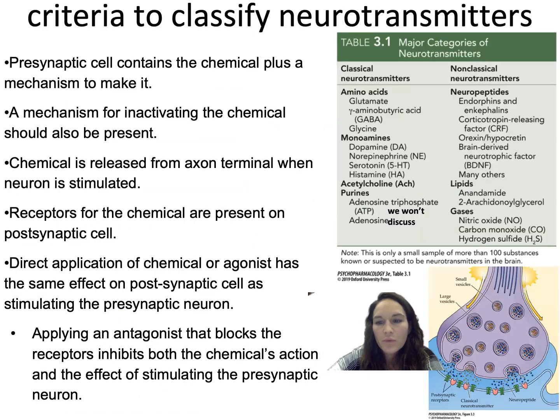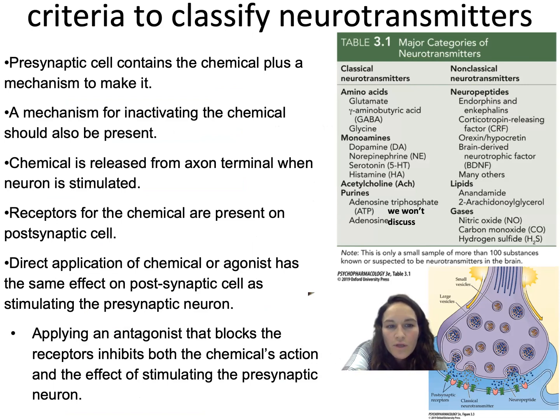So first, I'm going to just quickly talk about criteria that are used to classify neurotransmitters. There's more than 100 neurotransmitter chemicals that have been identified. There's lots of different classes of neurotransmitters. They include amino acids, monoamines, acetylcholines, purines. Those are all classical neurotransmitters. And then we have neuropeptides, lipids, and gases. We'll talk about examples of all of these today.